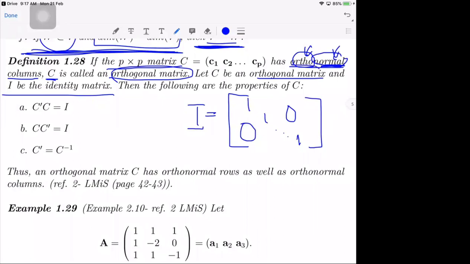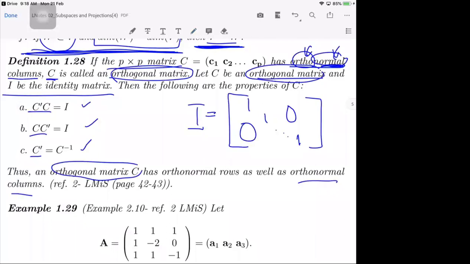So if you have an orthogonal matrix, C transpose C is equal to I, or C C transpose is also equal to I, and C transpose is equal to its inverse. Thus, an orthogonal matrix C has orthonormal rows as well as orthonormal columns. Because of these properties.